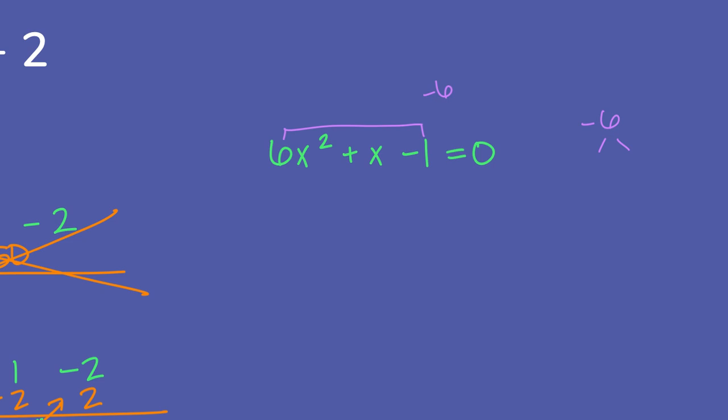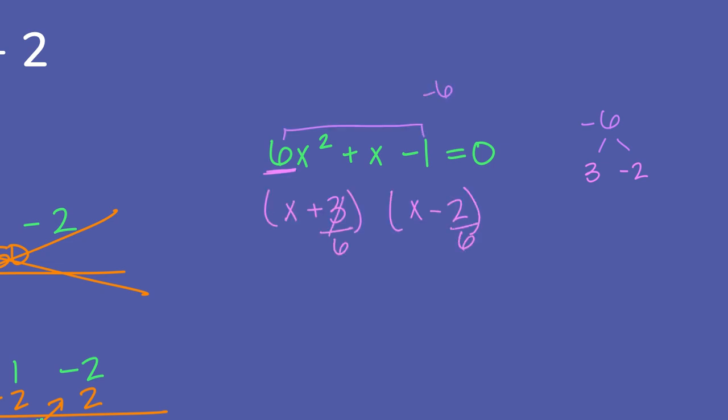What multiplies to negative 6 but... Say it again? Good, it'll be 3 and negative 2. Good. So going ahead and writing my parentheses, I'm going to have x plus 3 and x minus 2. Don't forget you have to slide and divide because you have that 6.